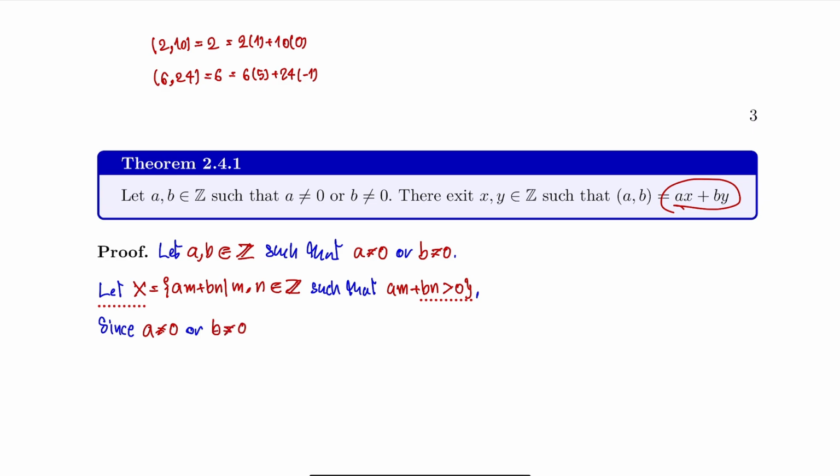When a and b are not both 0, it's obvious that there exist integers m and n such that am plus bn is greater than 0.